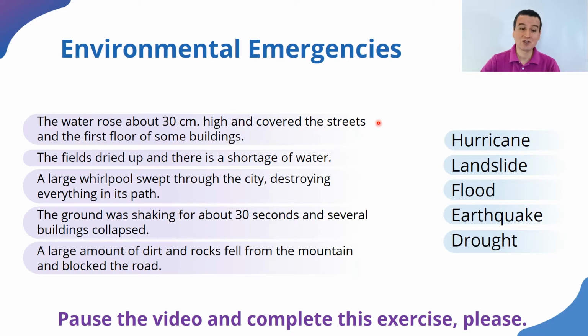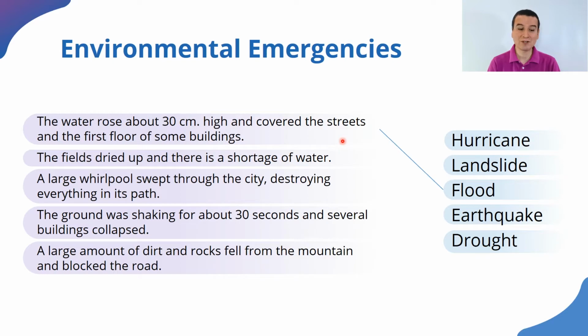All right? So the first one that I have here for you is, the water rose about 30 centimeters high, and covered the streets and the first floor of some buildings. All right, so what caused that event? It's a flood. Okay, very good.